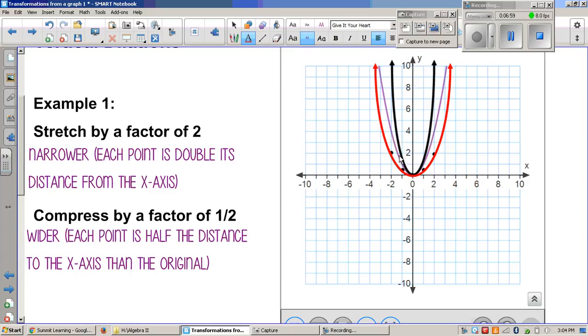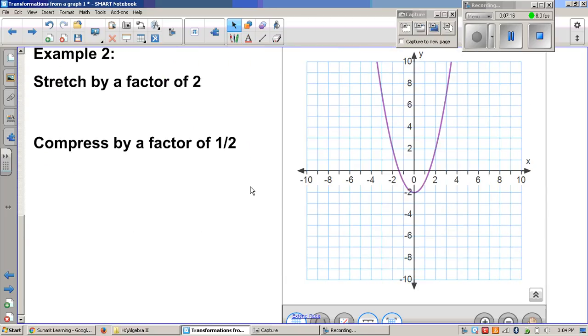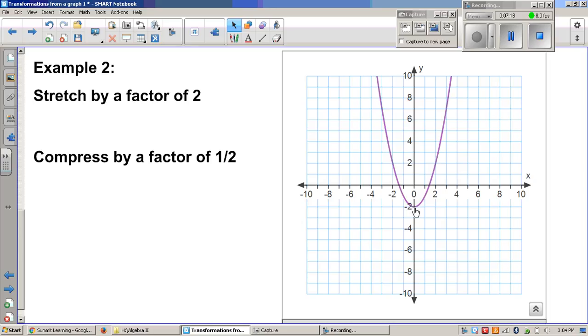Okay. So, what I want you guys to take away from this is that vertically stretching and compressing is in reference to the x-axis. So it's extremely important, especially when I get to a problem like this, where the parabola or the function is not centered at the origin.